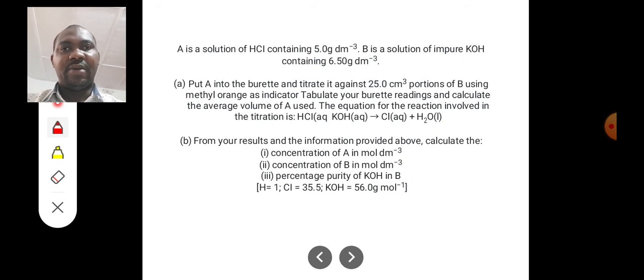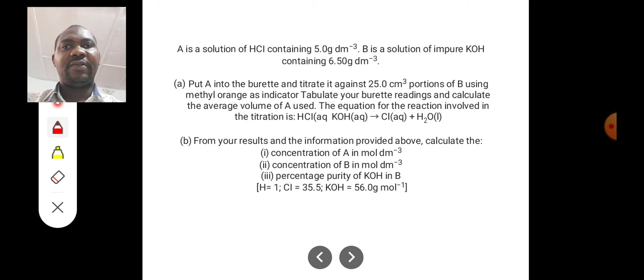Put A in a burette and titrate it against 25.0 cm cube portions of B using methyl orange as indicator. Tabulate your readings and calculate the average volume of A used. The equation for the reaction involved is this. So from your results and information provided above, calculate the concentration of A in mole per dm cube.